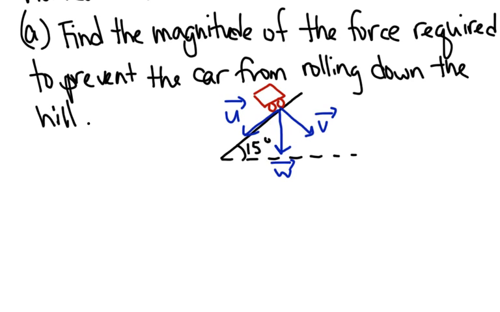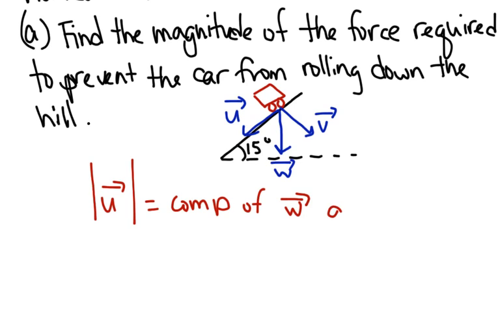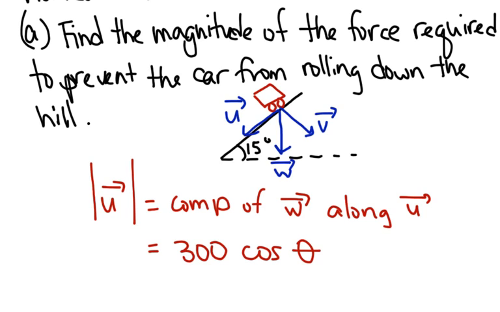So in order to find the magnitude of the force required to prevent the car from rolling down the hill, we want to find the magnitude of U. And the magnitude of U is going to be the component of W along U. So the component of W along U, the magnitude, is 3,000 pounds, and then the cosine of theta, where theta is the angle between U and W. The reason we're using U and W is because we want to find the force keeping the car from rolling down the hill.